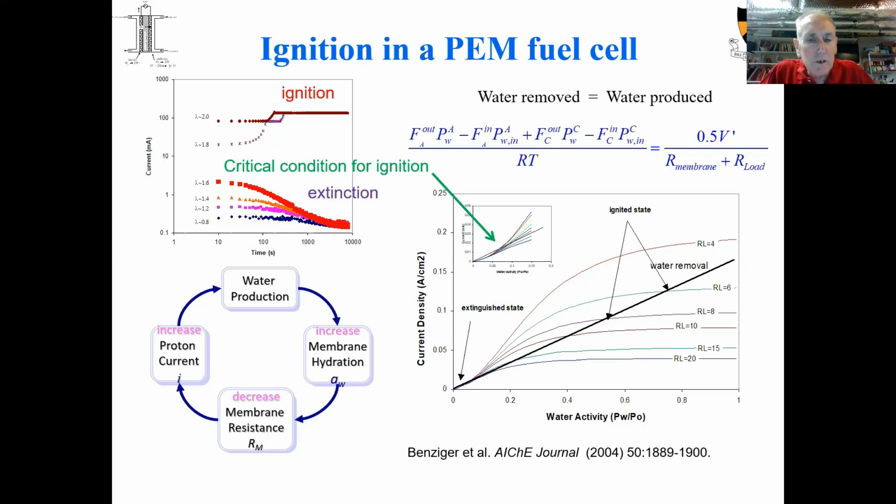We have an extinguished state at low water activity. And you can see there's a blown up section here where they cross each other. And this is the critical condition for ignition and the multiple steady states.